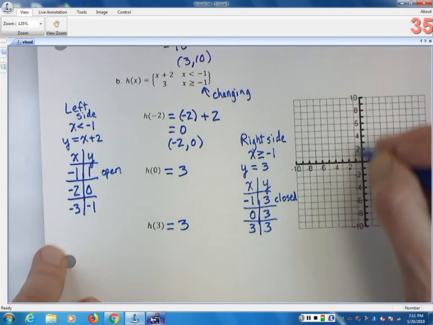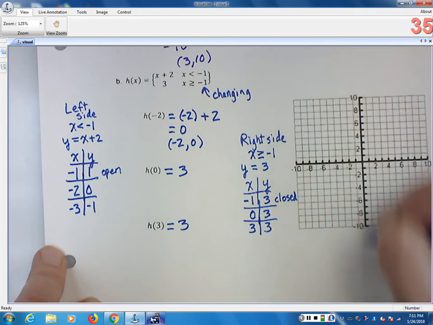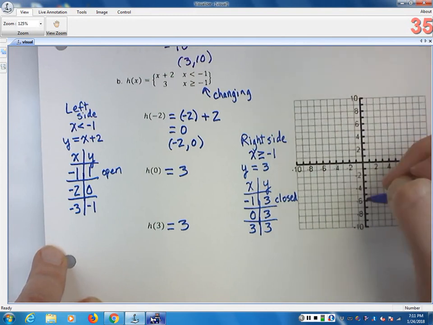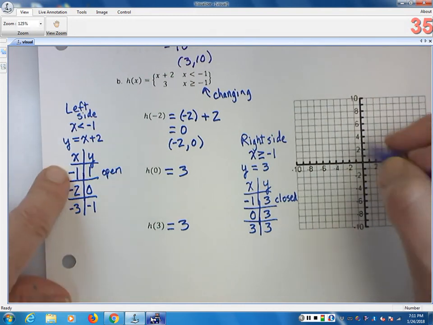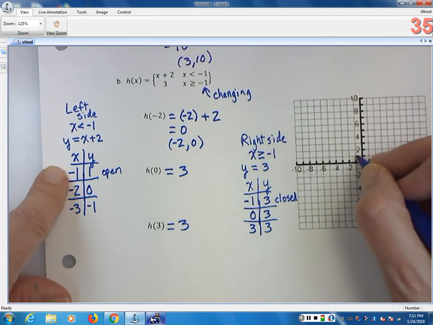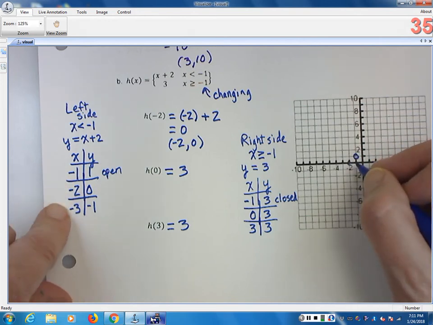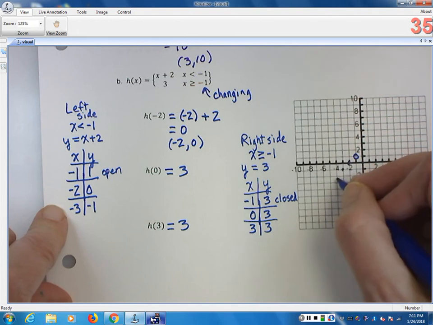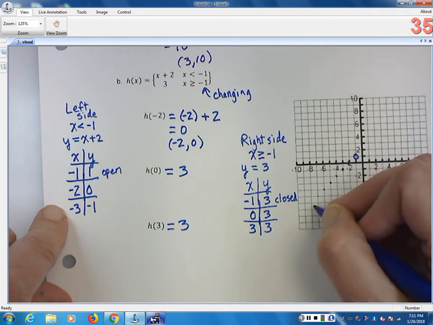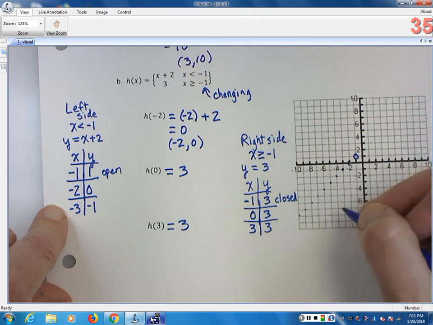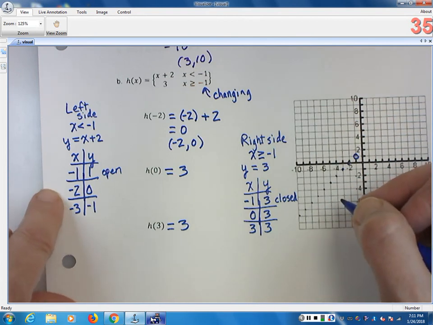So this time it's changing on the line x equals -1. So -1, +1 is an open circle. Negative 2, 0 is a point. Negative 3, negative 1, and it just keeps going like that. Slope is 1.